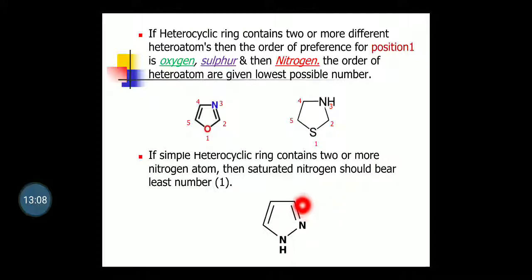In this case you can see that there is a double bond with this nitrogen. It means this nitrogen is unsaturated, and the remaining one with the single bond is the saturated nitrogen. So we are clear with this example which one is saturated and which is unsaturated. By this rule we start numbering with the saturated nitrogen.